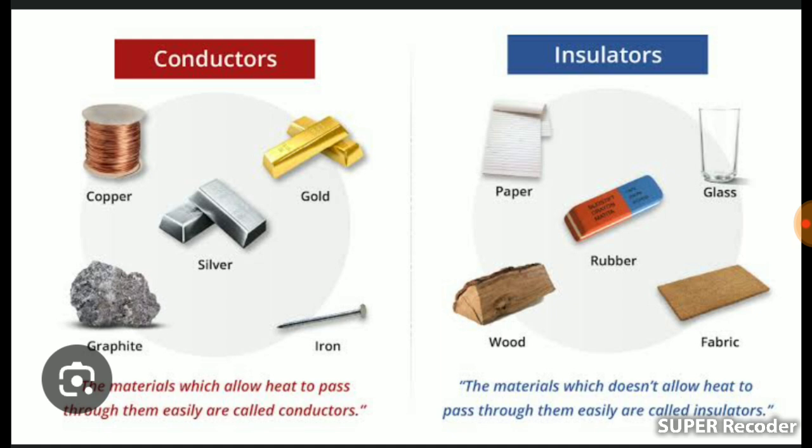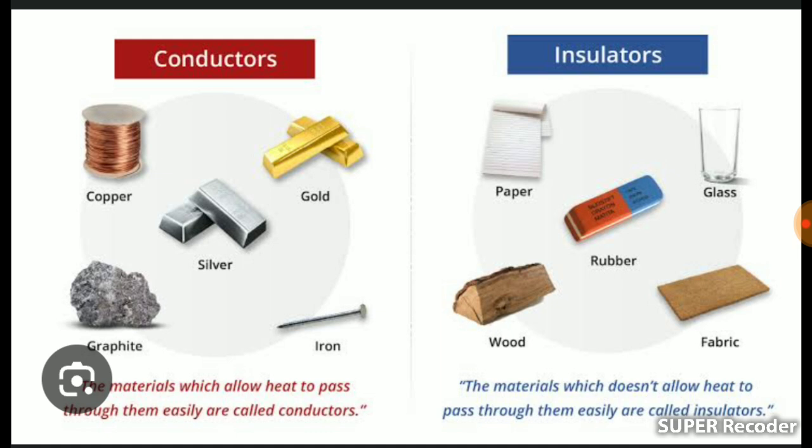Metals like aluminum, iron, copper, silver and steel are good conductors of heat. Next, the materials or substances which do not easily allow heat to pass through them are called bad conductors of heat or insulators. Plastic and wood are bad conductors. Also, air and water are poor conductors or insulators. So these are some good conductors and bad conductors.